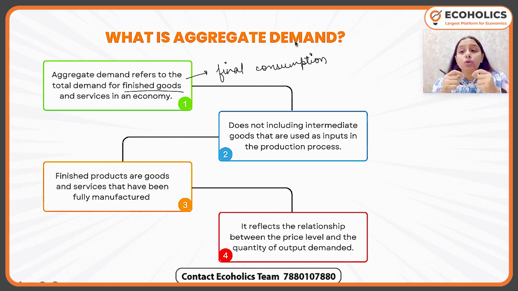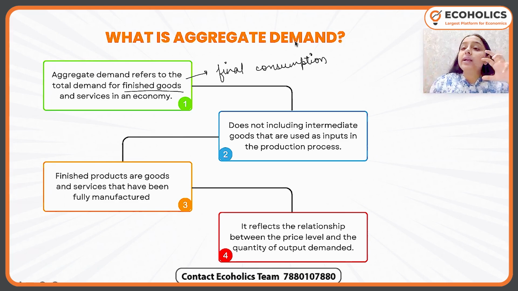Because if there is a good which is not used for final consumption, but it is used by another industry or another individual to produce another product, that is not final consumption, it is intermediate consumption. So when you're using a good as a raw material, as an input for producing another product, that is intermediate consumption.